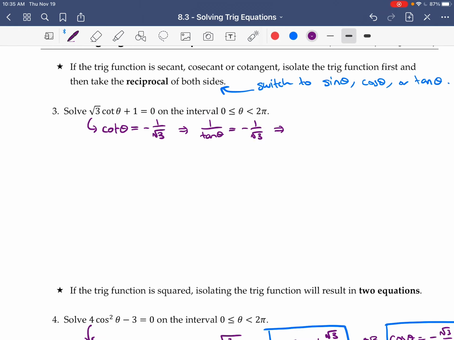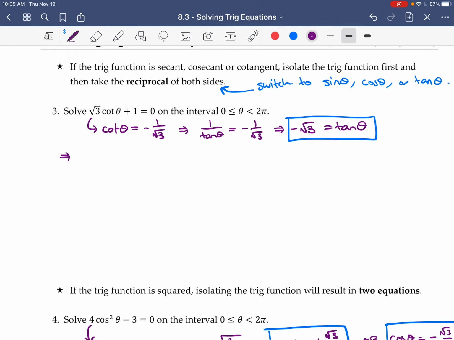So if I take the reciprocal, or you could think about multiplying both sides by tan, and then multiplying both sides by negative √3, I'm going to have negative √3 is equal to tan theta. Okay, so this is the equation we want to solve.